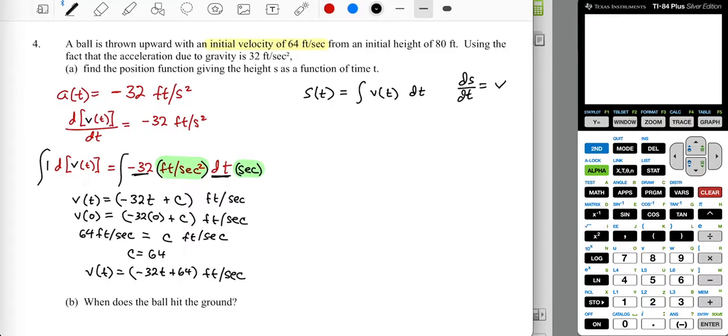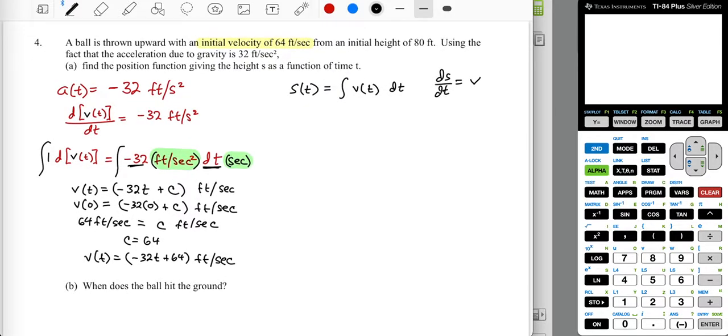These are all things that come into play, so I could just jot them all down at the top here so that you have them. We start off with ds dt is equal to v, dv dt is equal to a. Then we start working backwards. We say the antiderivative of a with respect to t is equal to v.